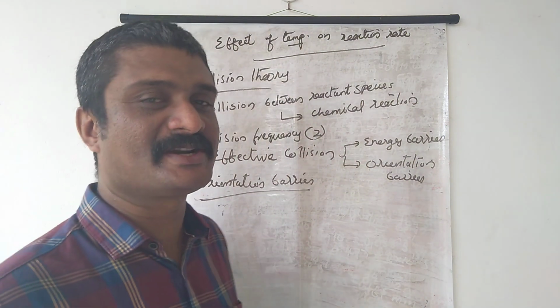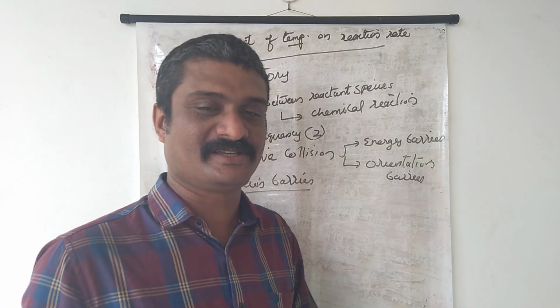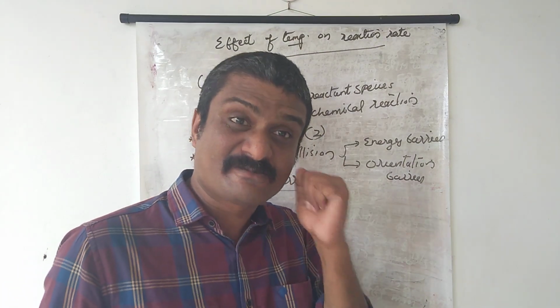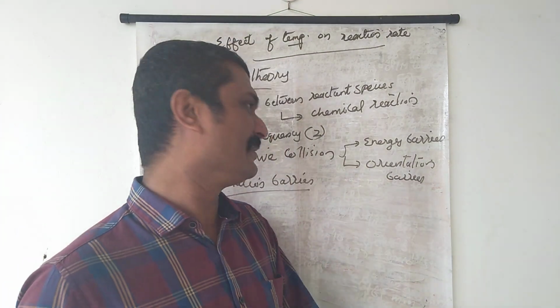That means in order for a chemical reaction to take place, the reactant molecules must possess the minimum amount of energy, that is threshold energy, and the reactant species should have proper orientation.